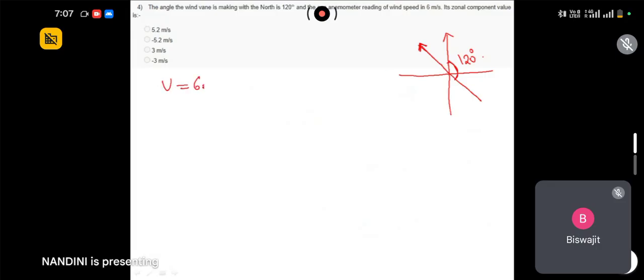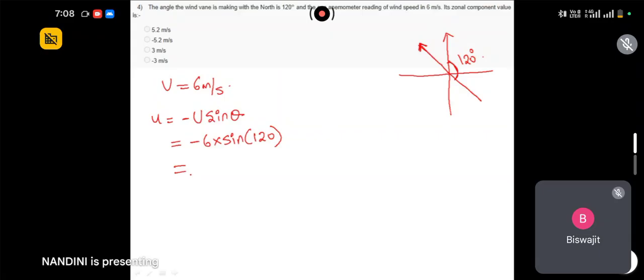U is 6 meter per second. We need to find small u, the zonal wind component. The zonal component of the wind speed is given by minus u sine theta, and u is minus 6 into sine 120.